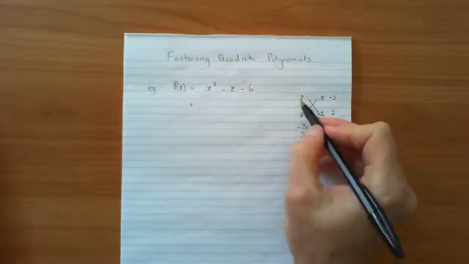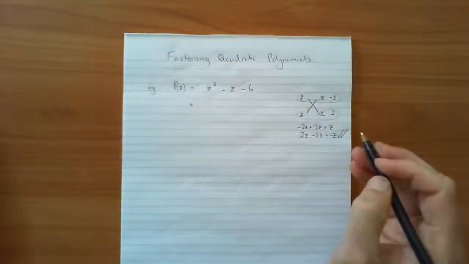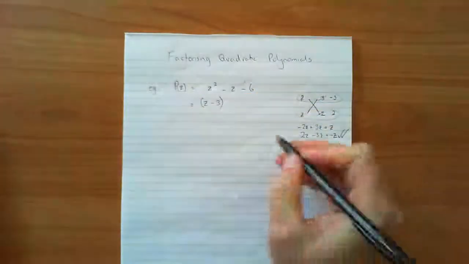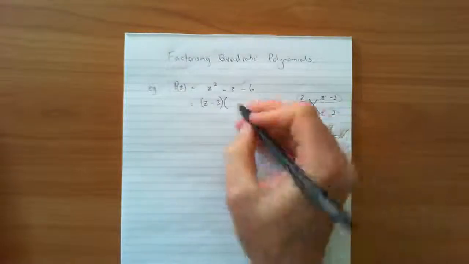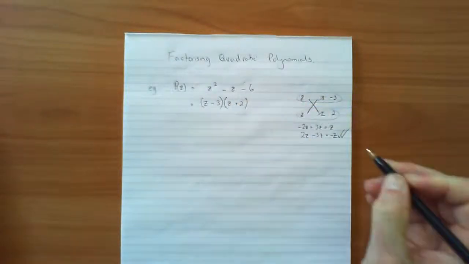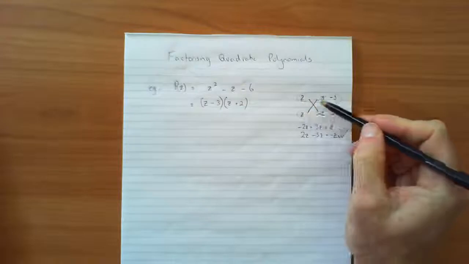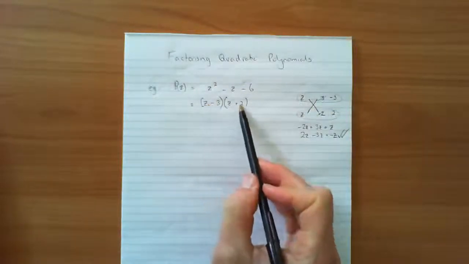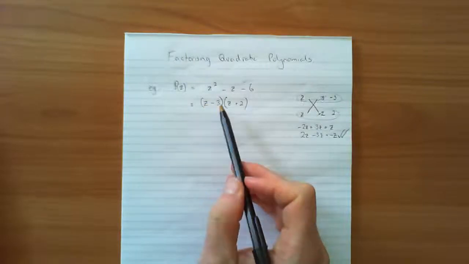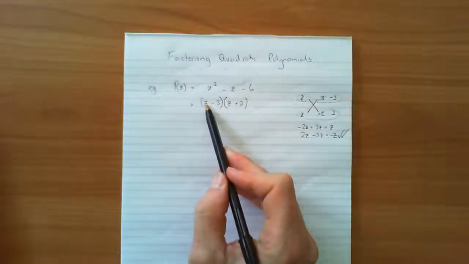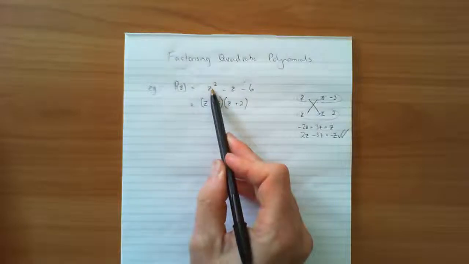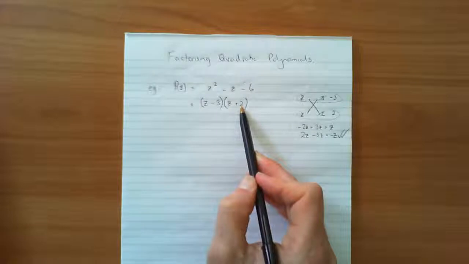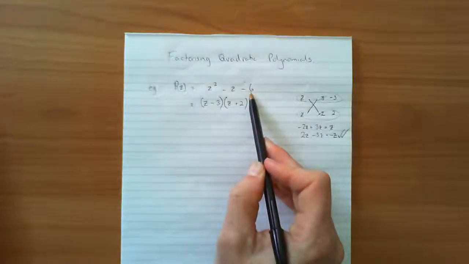So my factors, reading across, are (z minus 3)(z plus 2). This multiplying across that we were doing is really what we do when we expand these brackets. Just watch for a moment. As we expand these brackets, z times z gives you z squared. The negative 3 times the positive 2 gives you the negative 6.